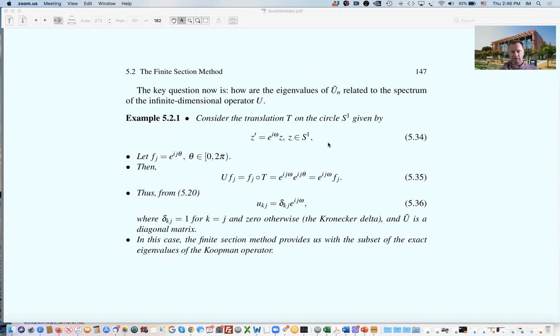If you think about how this map operates, you start from some point on the circle and jump over there, and the size of that jump is omega.